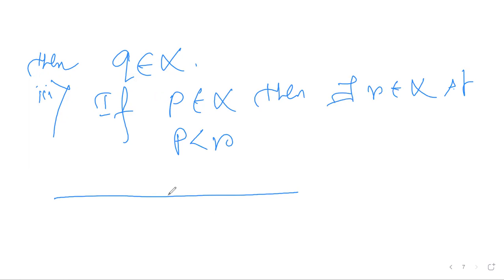Suppose this is a straight line with a point in the middle, and it goes infinitely. There is no ending, right? This is my plus infinity point and this is my minus infinity.